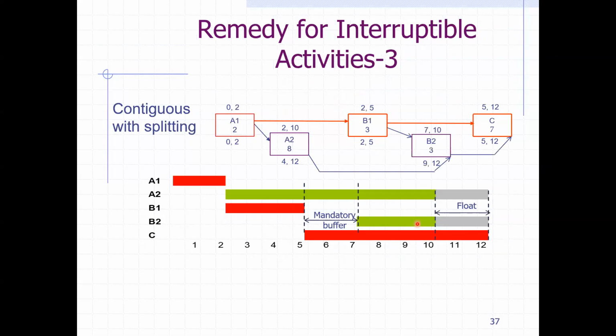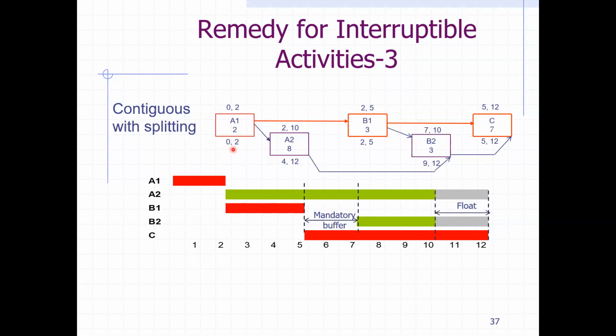Then if we look at another approach for the contiguous with the splitting approach, here is when we have A, B, and C activities. A is split into 2, A1 and A2, and B is split into B1 and B2.